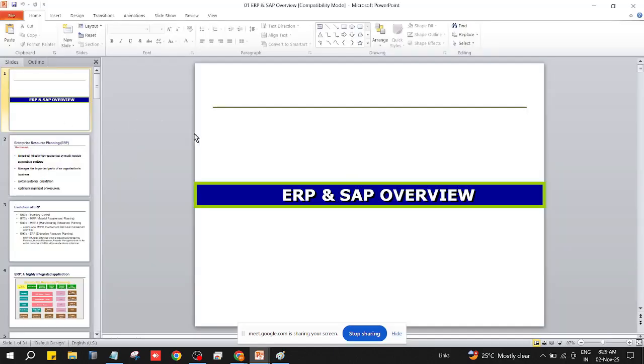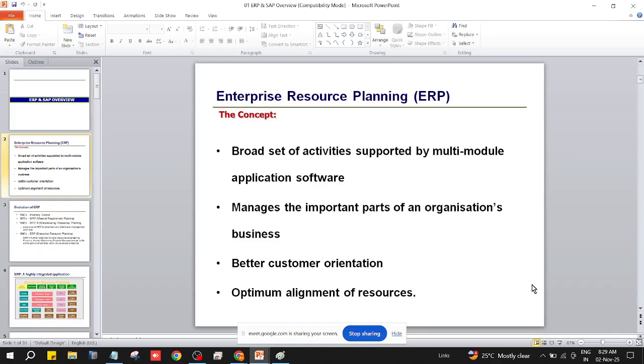Yes. This slide says ERP SAP overview, right? Because these are all integrated, what exactly is the ERP concept?